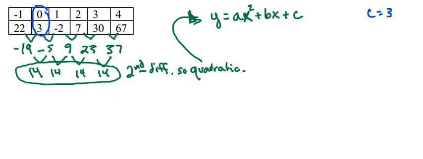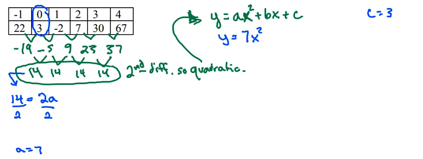And from over here, from the common difference, we can find out what a is. Remember, if it's quadratic, then the common difference is equal to 2 times the value of a. And so I get a equals 7. All right, so we'll replace a over here in our equation. Y equals 7x squared plus bx plus 3.